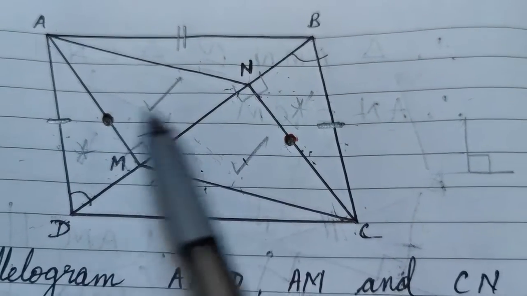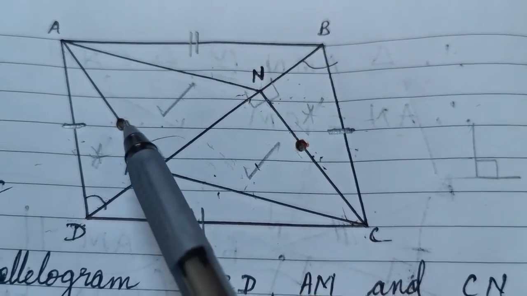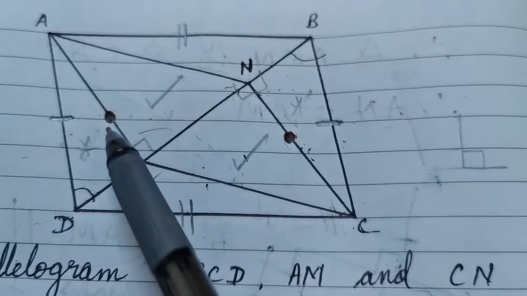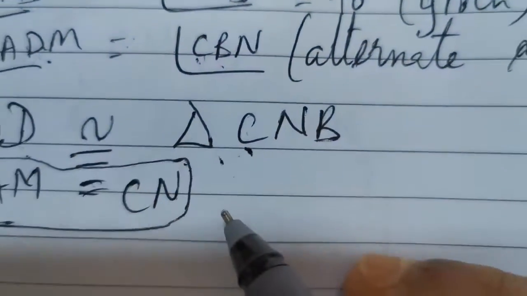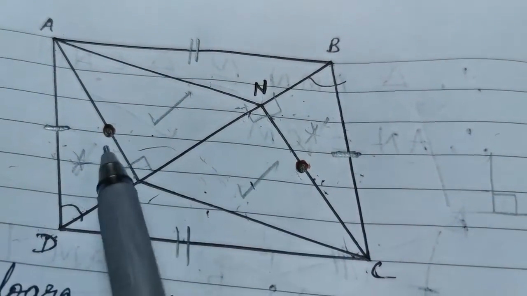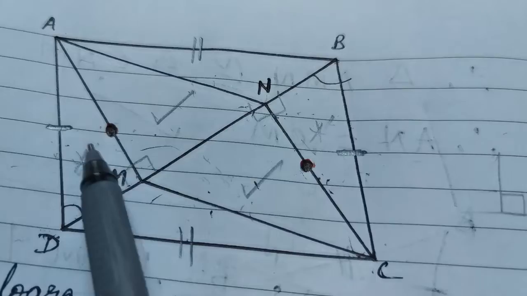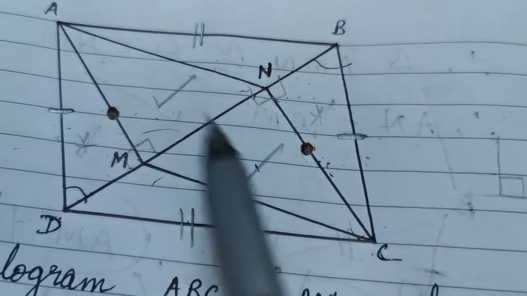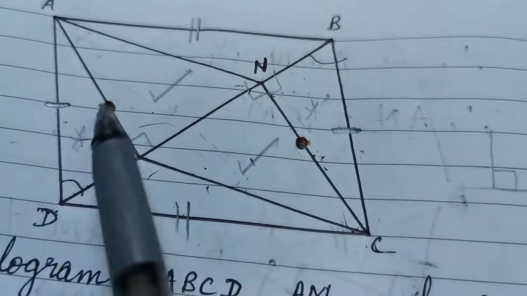So from this, AM is equal to CN. We just proved this. It is represented using these dots. So in these two triangles, the two sides AM and CN are equal.